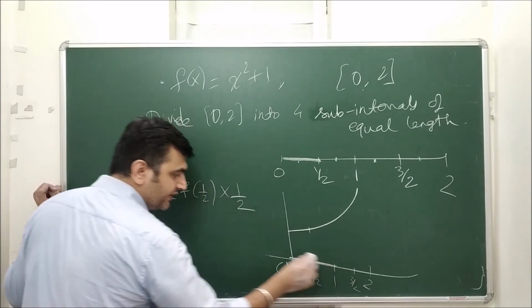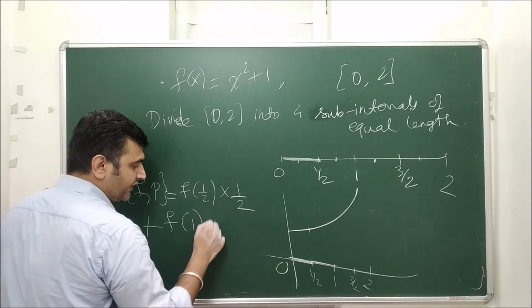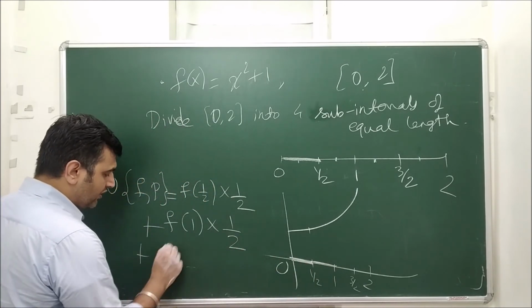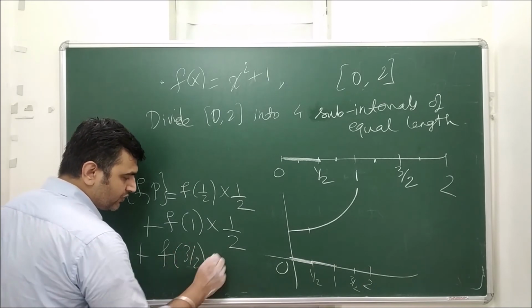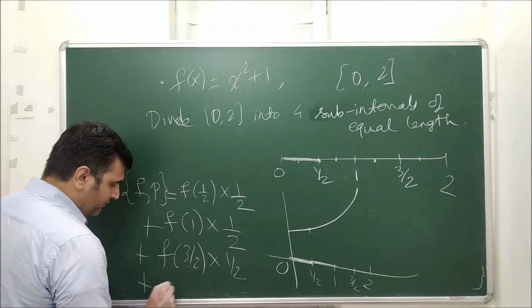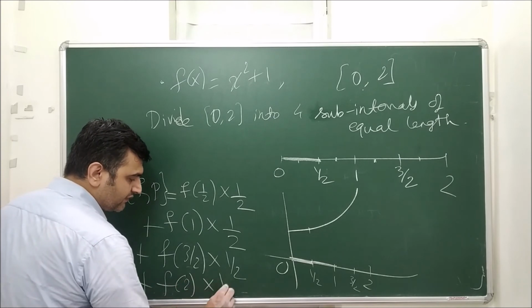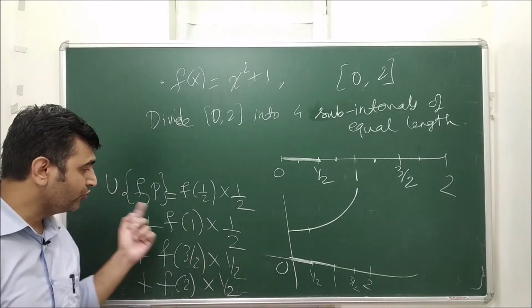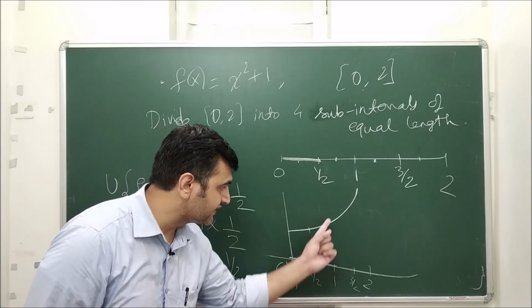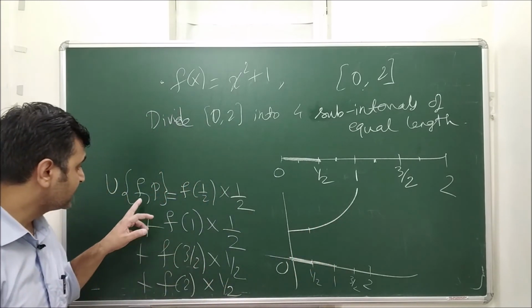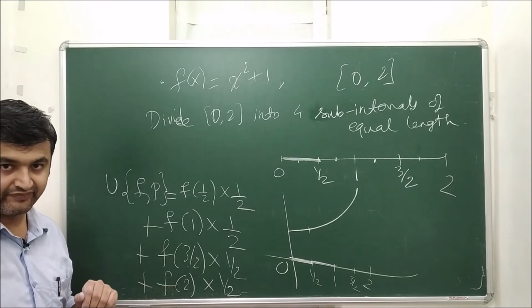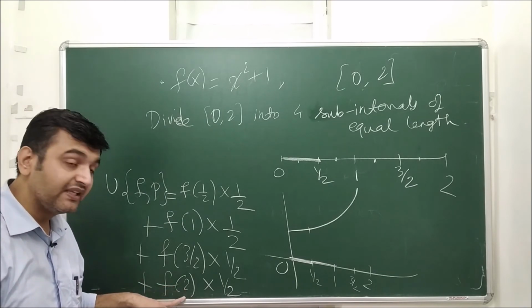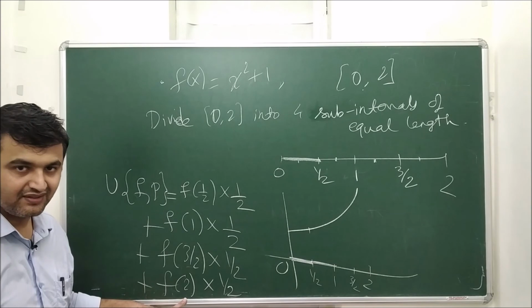Go for the next subinterval: it is f of 1 into the length of the subinterval, plus f of 3/2 into the length of the subinterval, plus f of 2 into the length of the subinterval. So for UFP, you look for the points where the function is taking the maximum value. That is what your UFP is. So the second thing is you have to tell me the answer for this question as well.